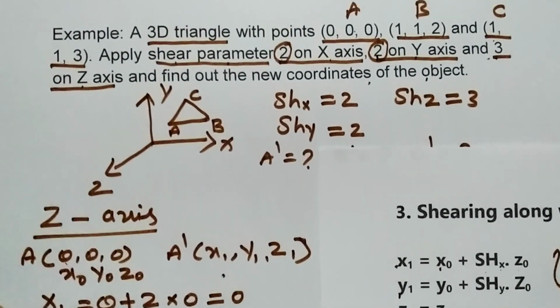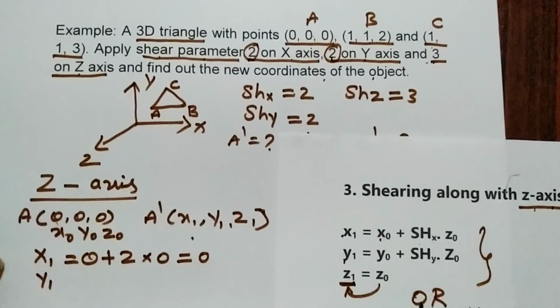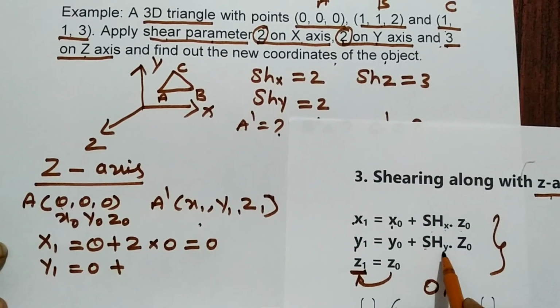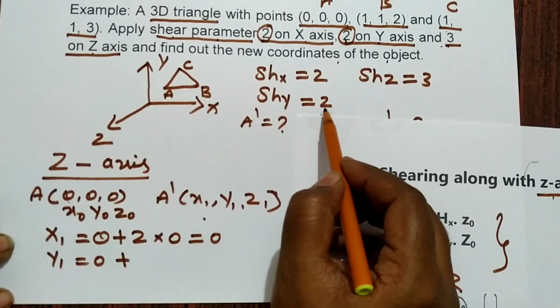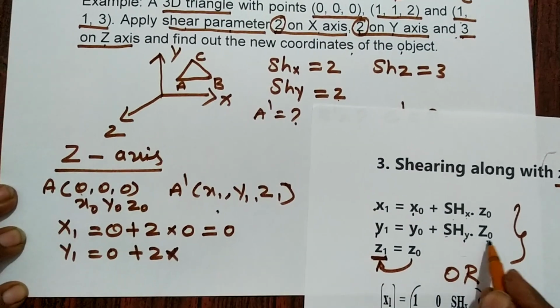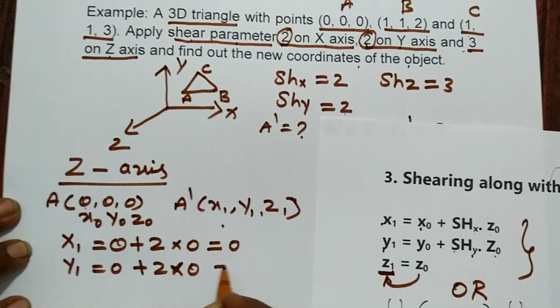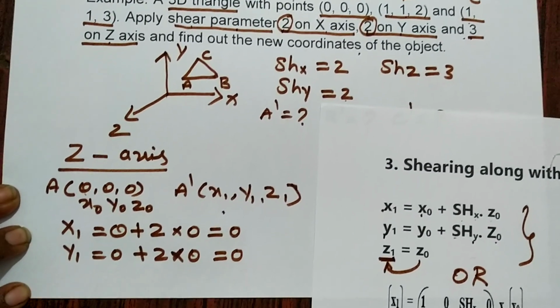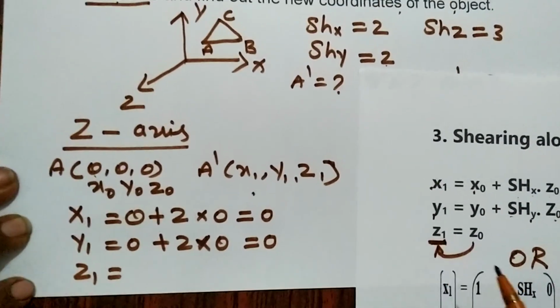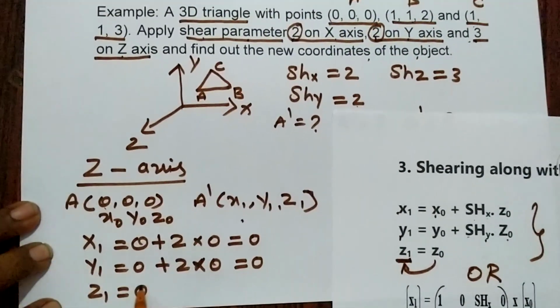Next, y1. y1 is y naught plus, what is our y naught? 0. 0 plus shy. What is our shy? 2 only. 2 into z naught. Our z naught will be 0. So y1 also becomes 0. Next, z1. What is our z1? z1 will be z naught only. Whatever z naught is, 0.